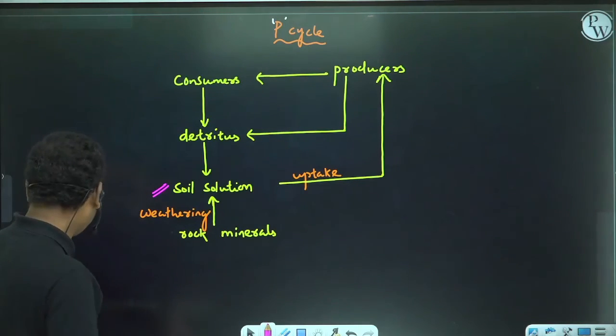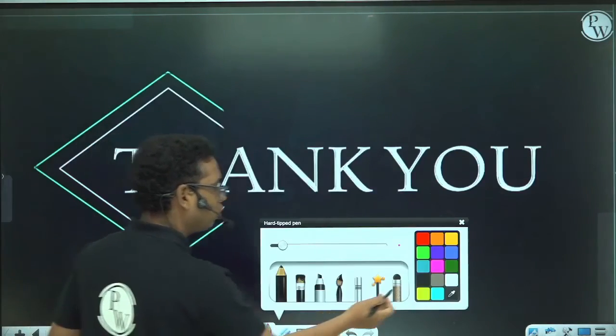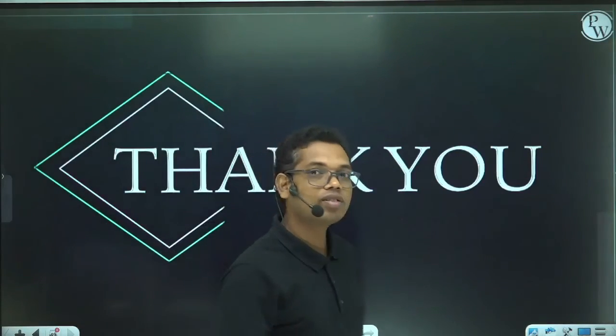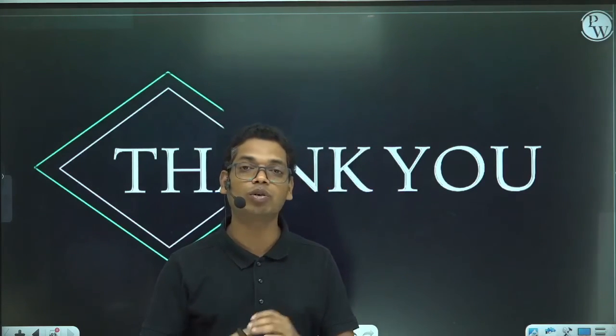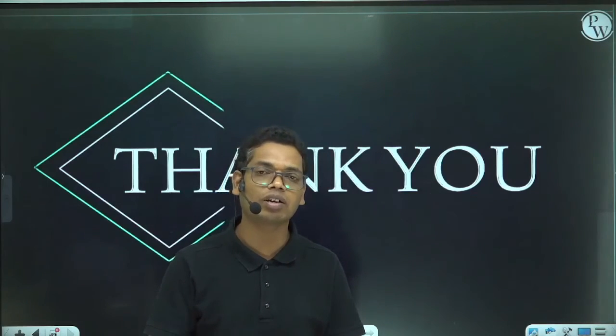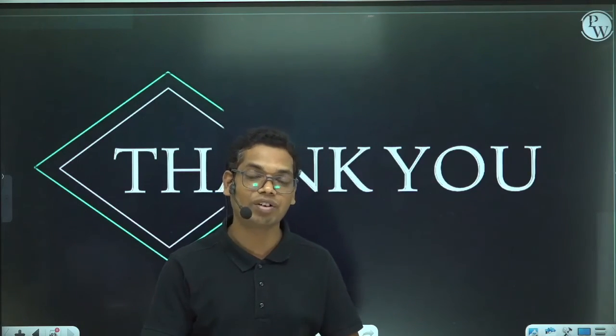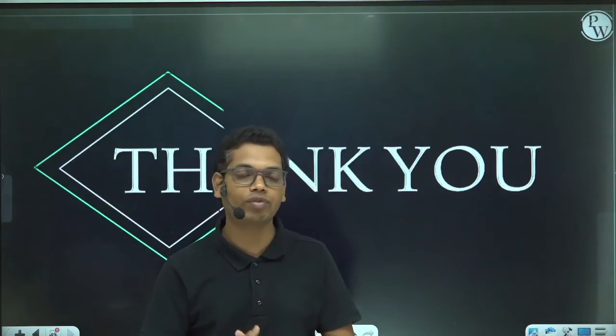Okay, so this was all about the ecosystem. Let me revise in a minute. Ecosystem is basically the functional unit of the living world, which has both biotic and abiotic components. Abiotic components can be classified into various groups like edaphic factors, climatic factors, and topographic factors.